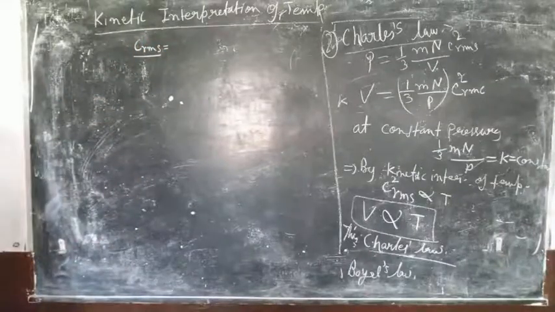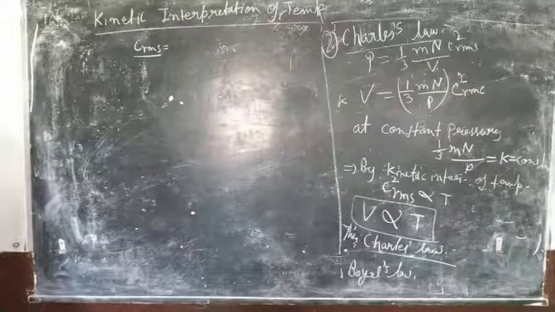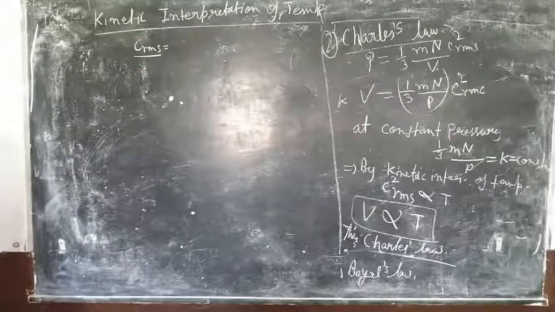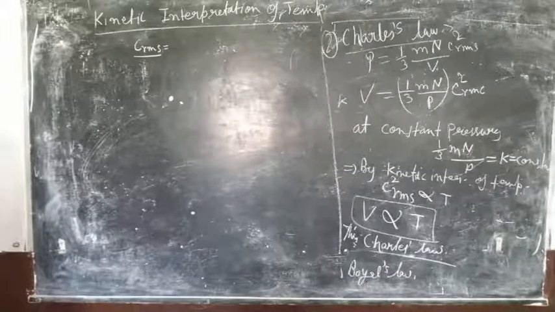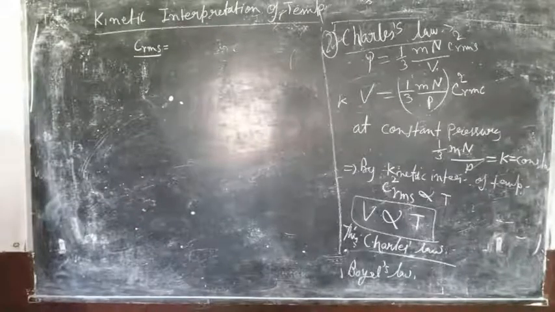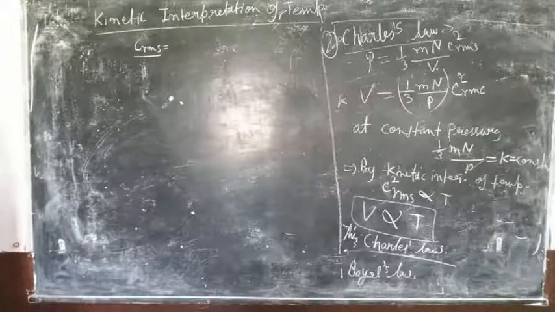It is defined as the square root of the mean of the squares of velocities of individual molecules of gas.